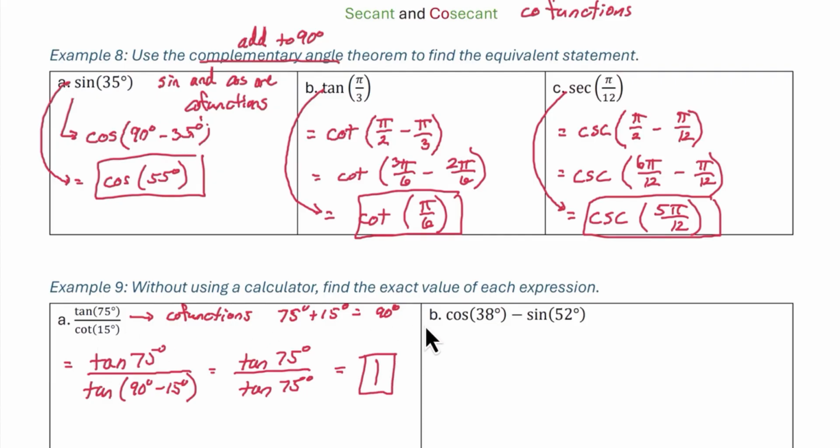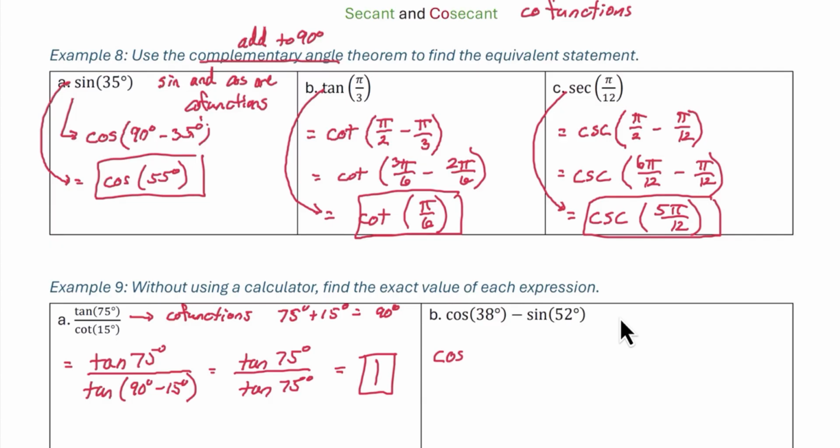And in part B, notice again we have cofunctions. Sine and cosine are cofunctions. And notice that those angles add up to 90 degrees, so those angles are complementary angles. We can again use the complementary angle theorem.